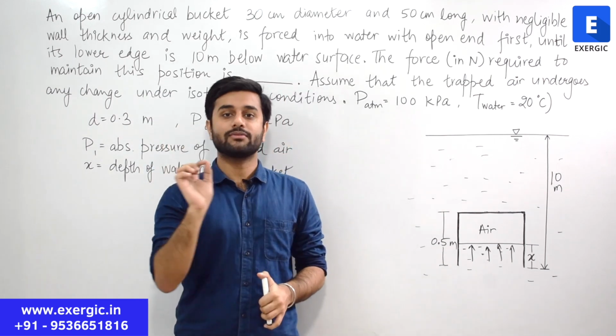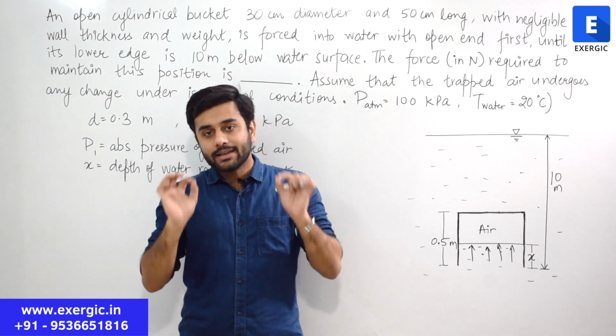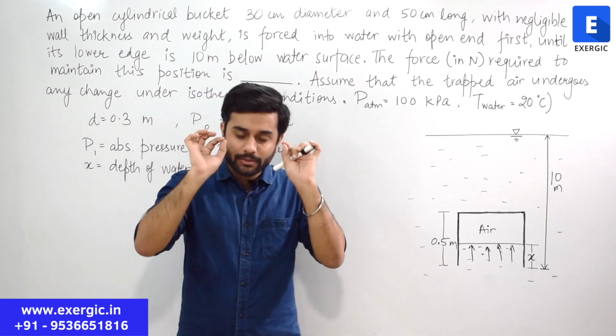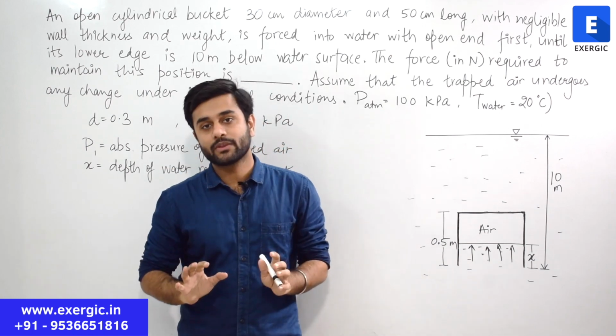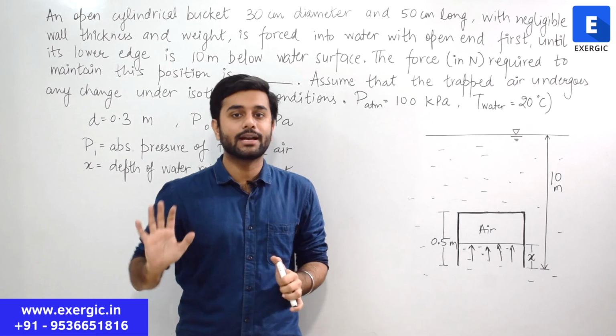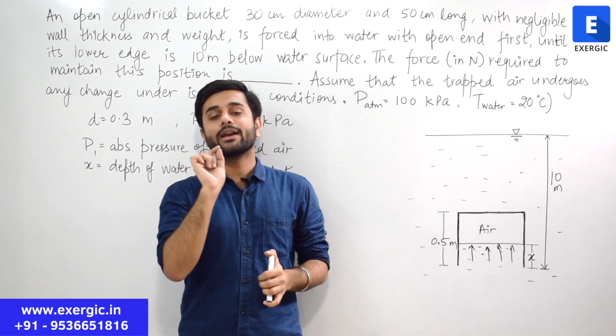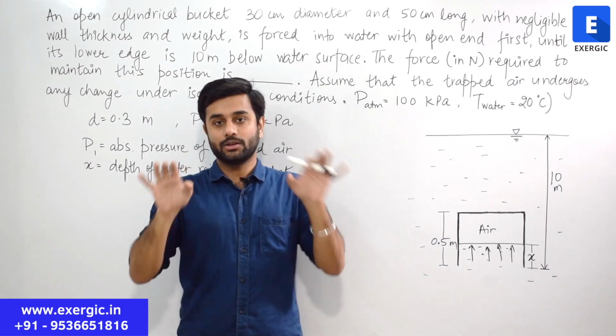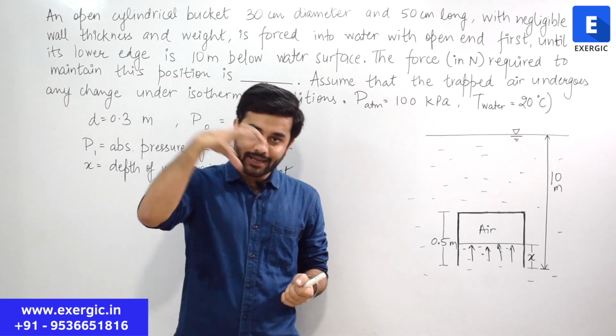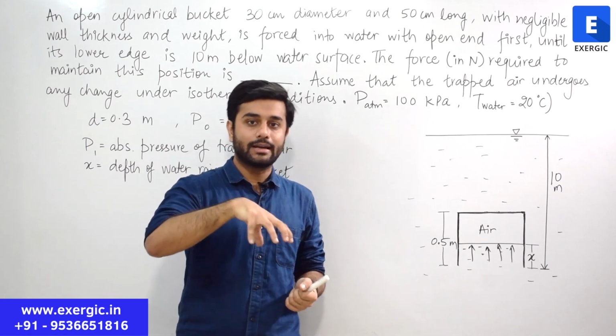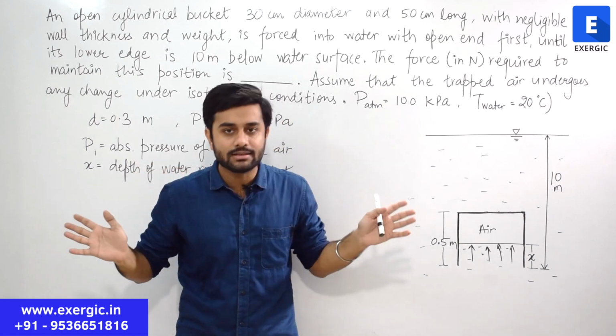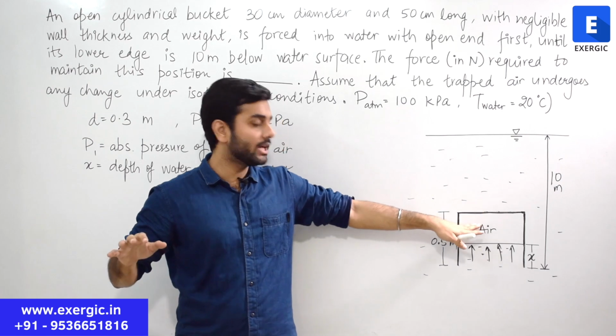Look, whenever you have such questions, think with the utmost basic concepts. What is the most basic concept here that you can apply? The free body diagram of the bucket. You have the bucket, and you are applying a force on the bucket to keep it maintained. You are not applying force anywhere else, on the fluid or on the air pocket.